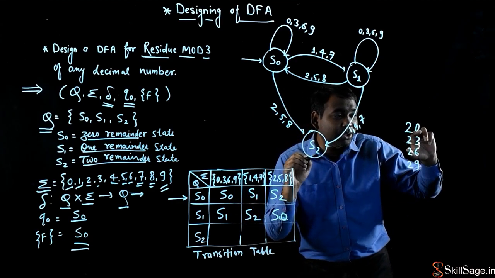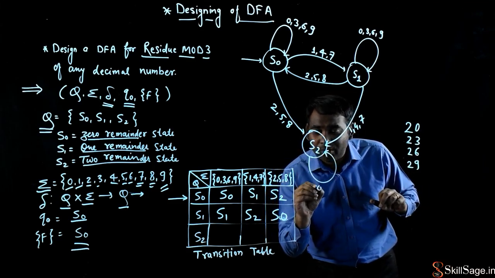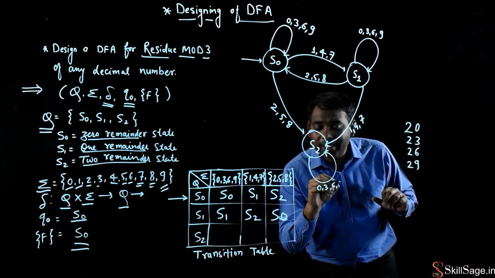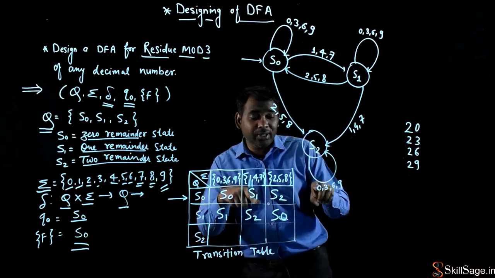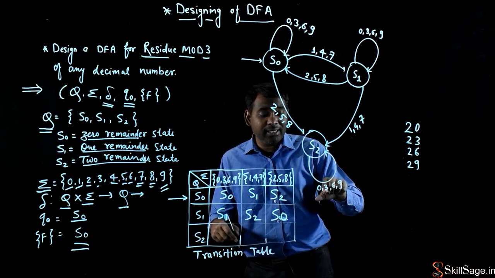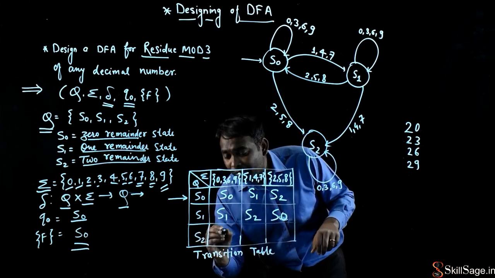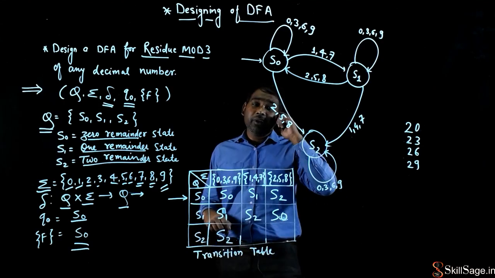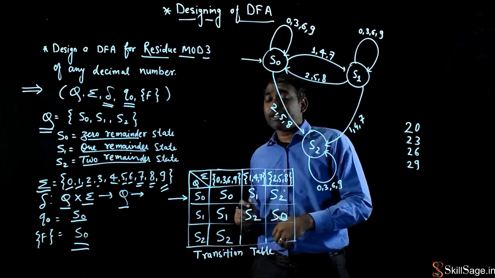If I read 0, 3, 6 or 9, my next state is also S2. So on 0, 3, 6 and 9, my next state is S2. So here I'll write down this entry. S2 on 0, 3, 6 and 9, where does it go? My next state is S2 itself.